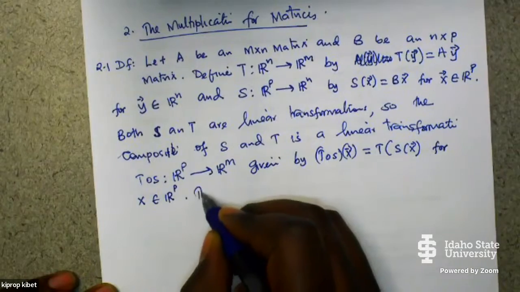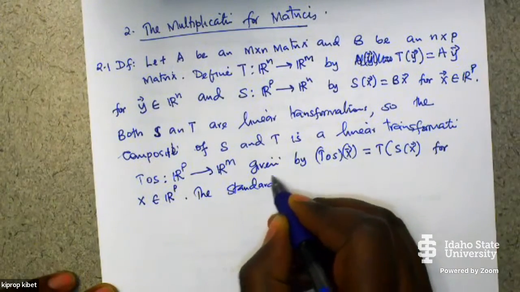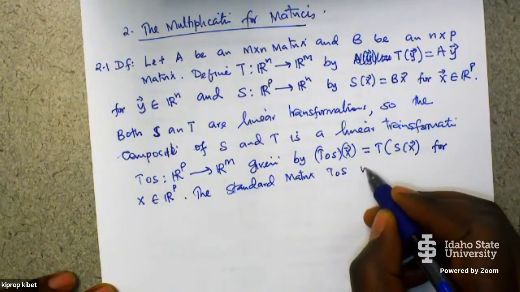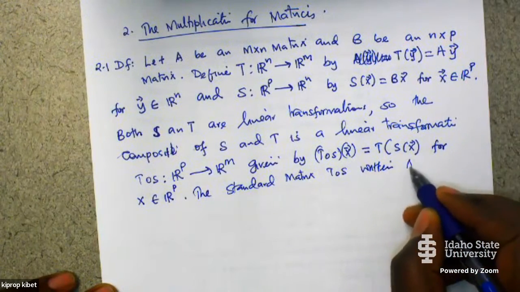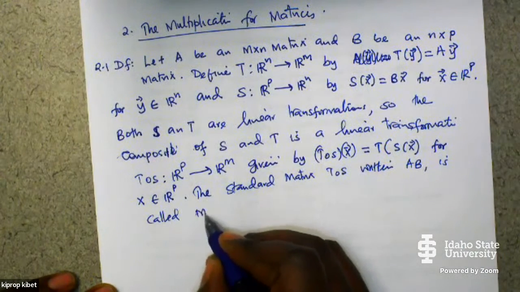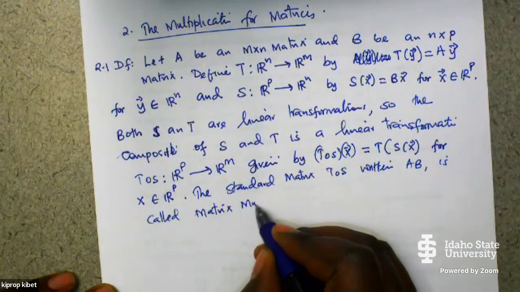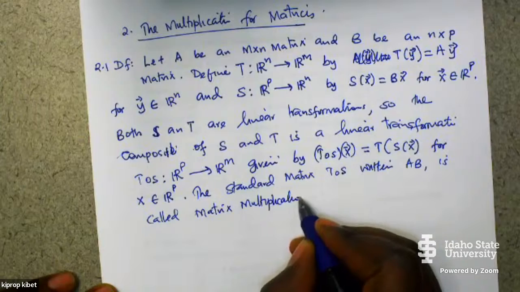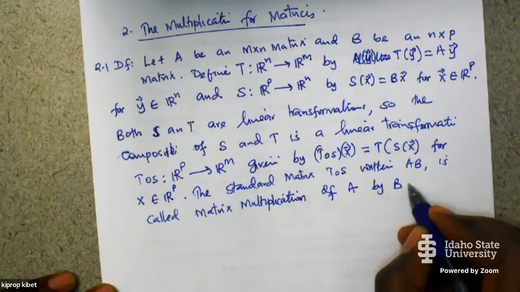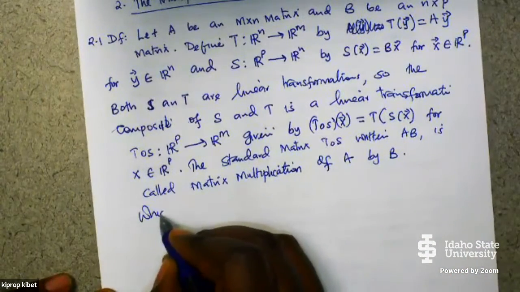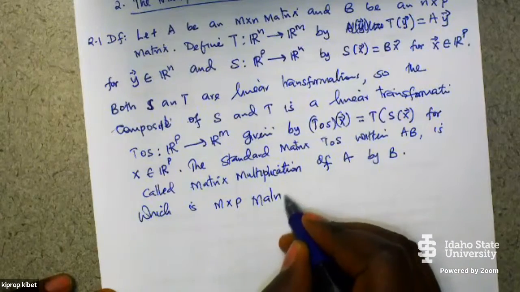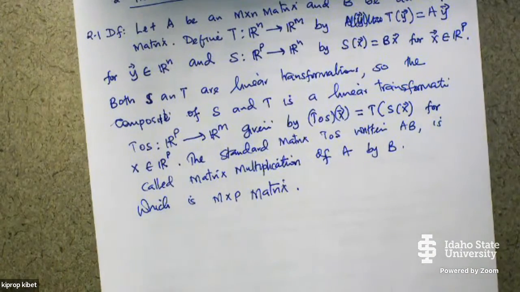Now, the standard matrix of T of S, which is written AB, is called the matrix multiplication of A by B, which is an M by P matrix.